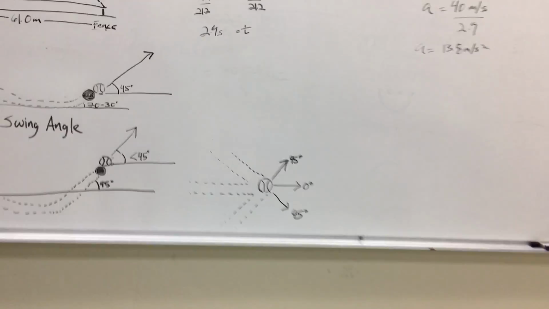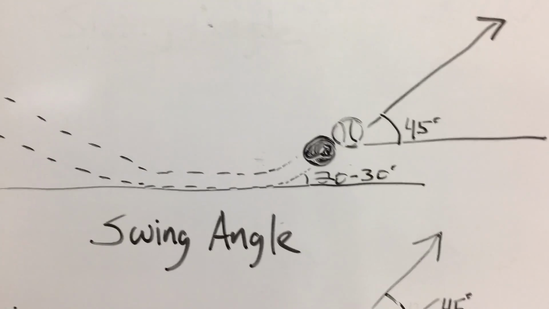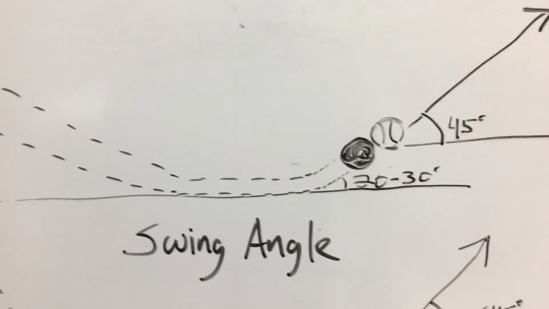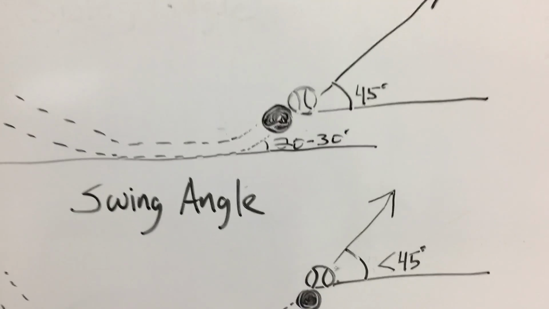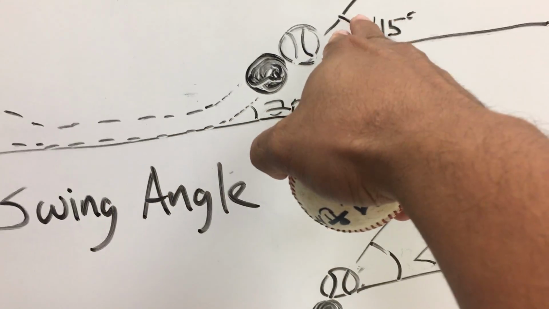So actually hitting it at 45 degrees is not the best angle. You want the ball to project out at 45, but the best swing angle is anywhere from 20 to 30 degrees prior to making contact with the ball.